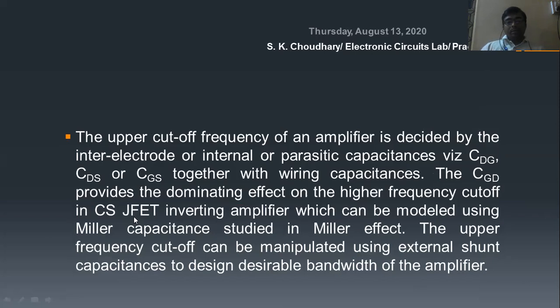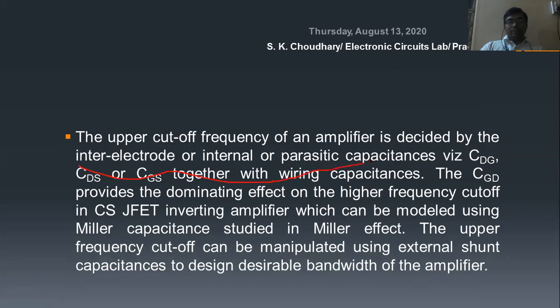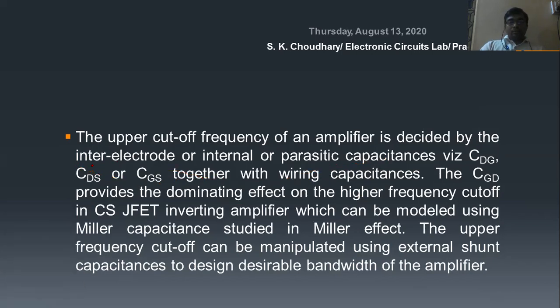Now we come to the other end of the bandwidth, that is the upper cutoff frequency of an amplifier. That is decided by the inter-electrode or internal or parasitic capacitors, that is CGD, CDS, CGS, along with the wiring capacitance. The CGD provides a dominating effect.